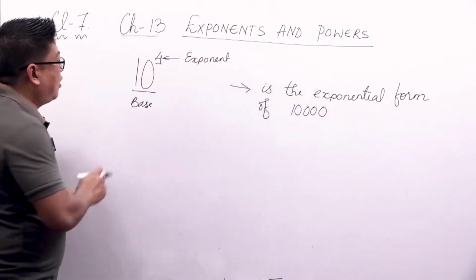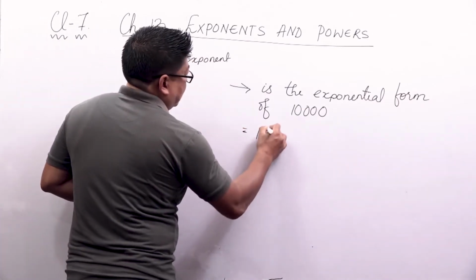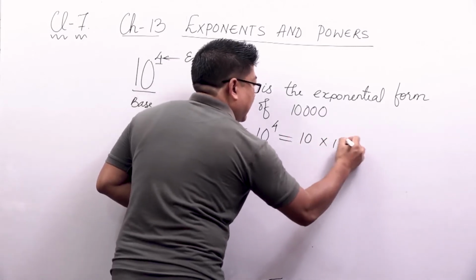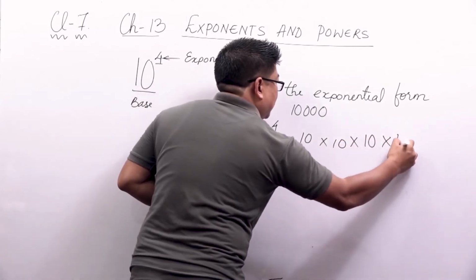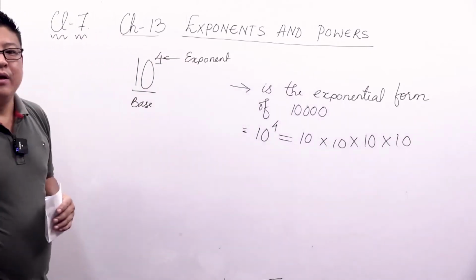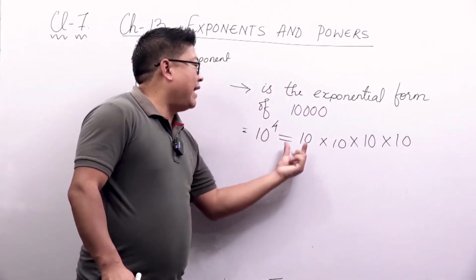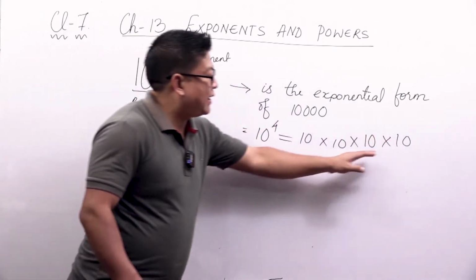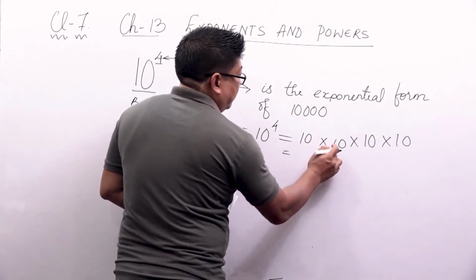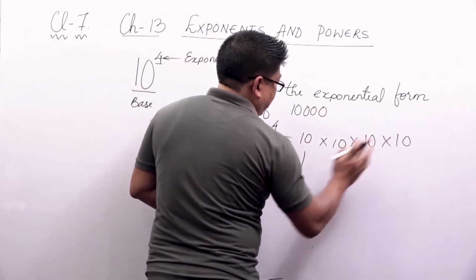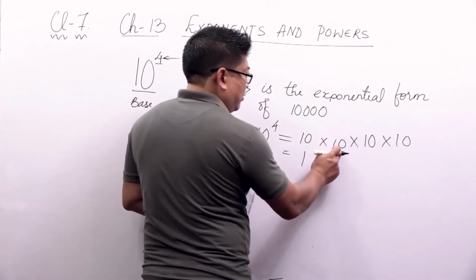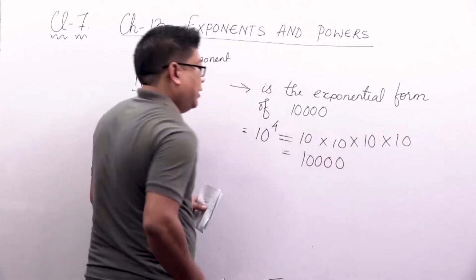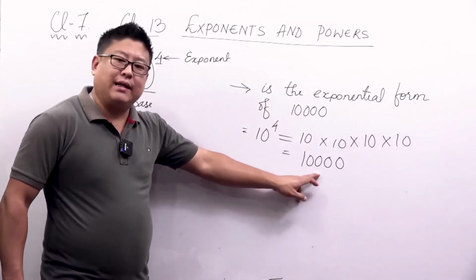Here 10 to the power 4 represents 10 into 10 into 10 into 10. That means 10 is being multiplied 4 times. When you multiply this 4 times, 1, 1, 1, it will be 1. Count the number of zeros: 1, 2, 3, 4. Since you are multiplying, directly put 4 zeros here. So 10 to the power 4 is nothing but 10,000.